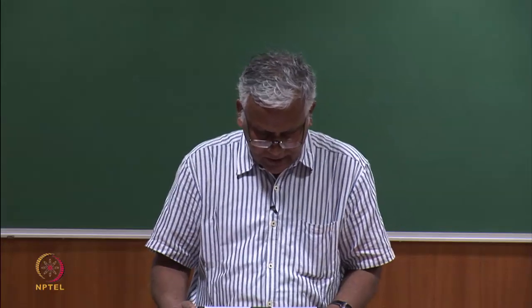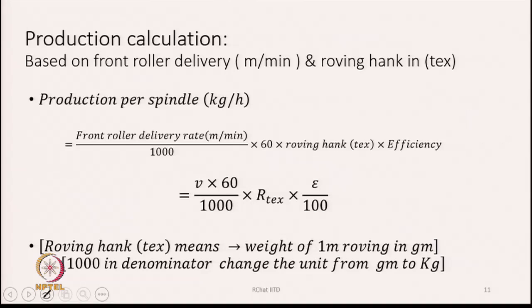So, production per spindle in kg per hour we need to calculate. We need the front roller delivery rate, first of all, let us say delivery in meters, multiplied by 60 will give you the delivery in 1 hour.